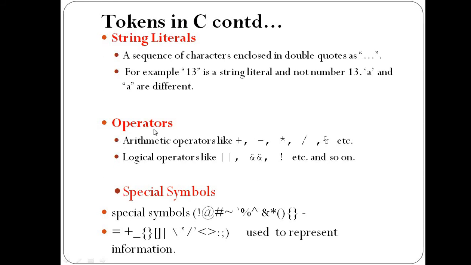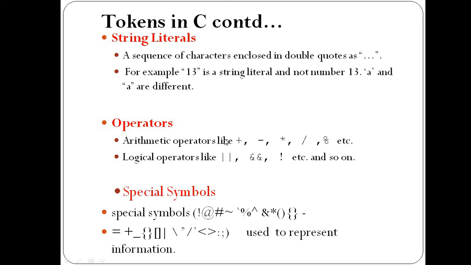Now next, tokens: operators. The symbols we use are given another name in C programming, called operators. Like arithmetic operators and logical operators: plus, minus, multiplication, division, modulo, and logical or, and, not.